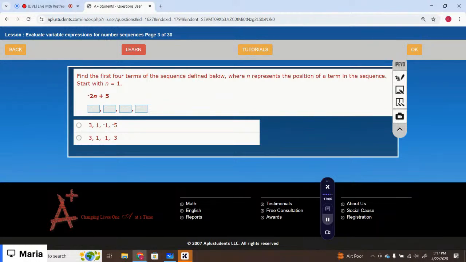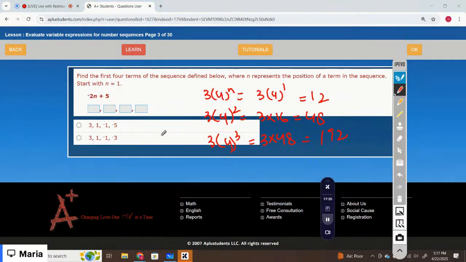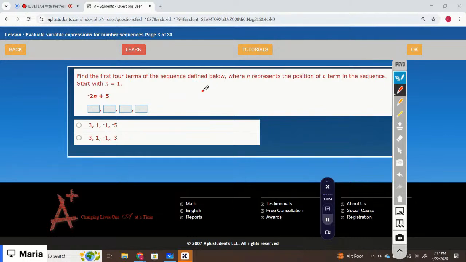Find the first four terms of a sequence defined below, where n represents the position of a term in the sequence. Start with n equals 1, negative 2n plus 5.